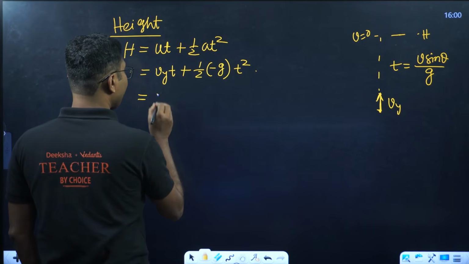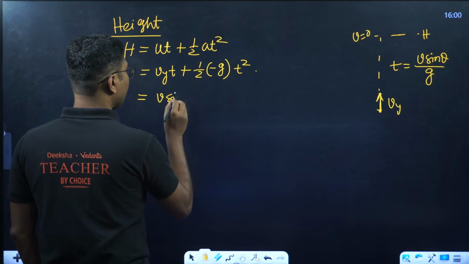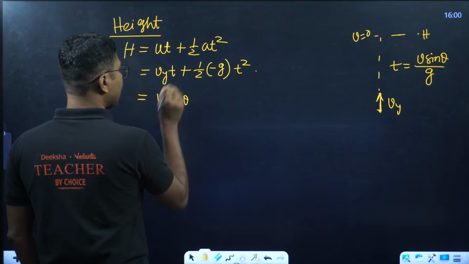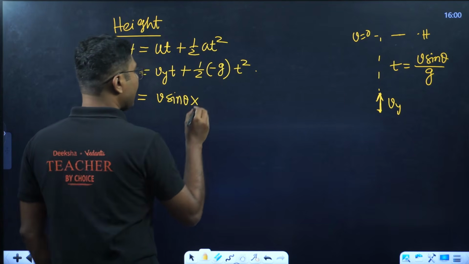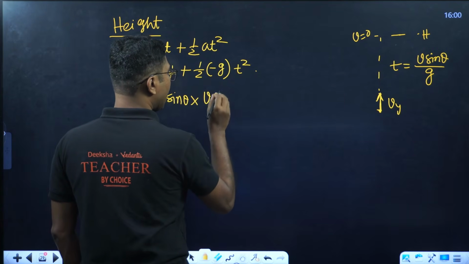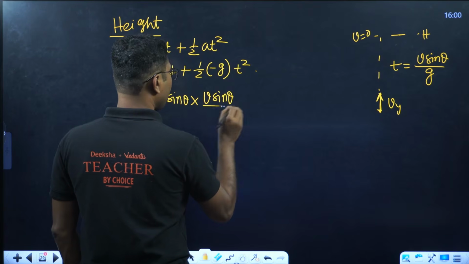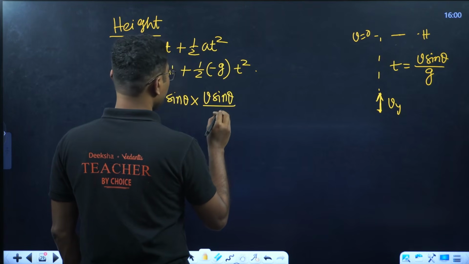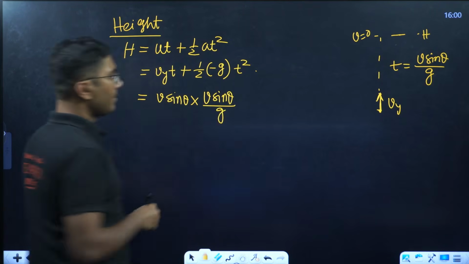Vy is v sine theta, right? That is v. And what is time t? Time t is v sine theta upon g, right?